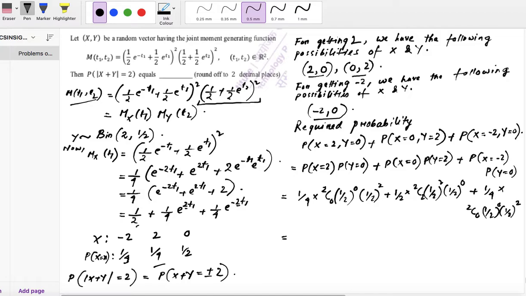What do we get? 1 by 4 into 1 by 4, plus 1 by 2 into 1 by 4, plus 1 by 4 cross 1 by 4.